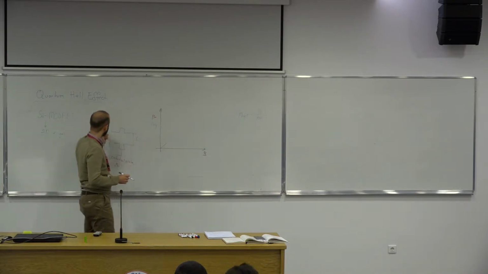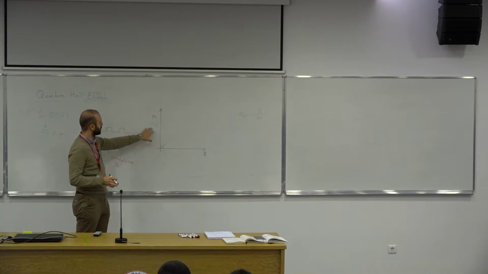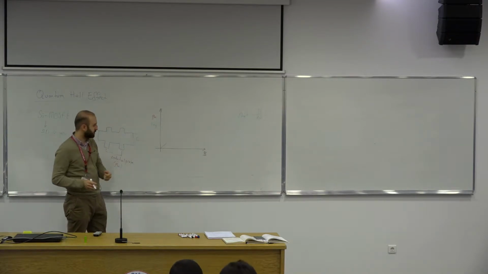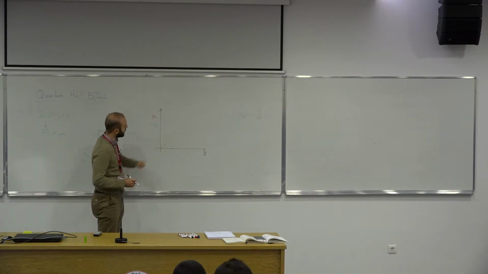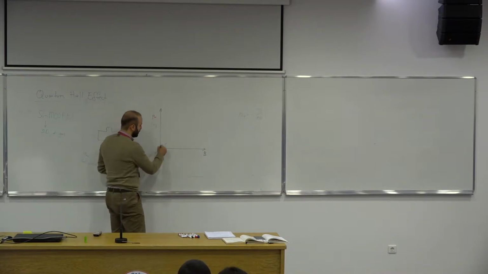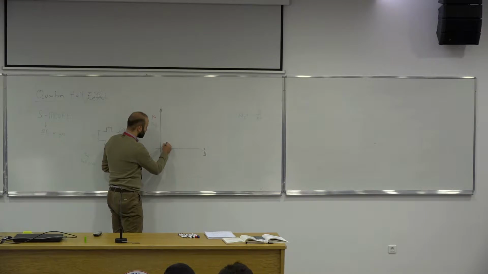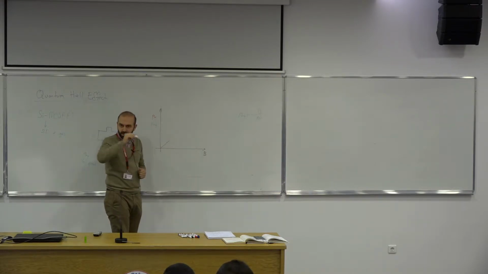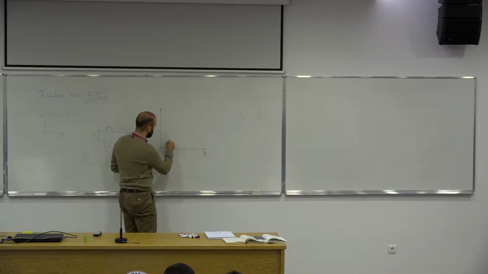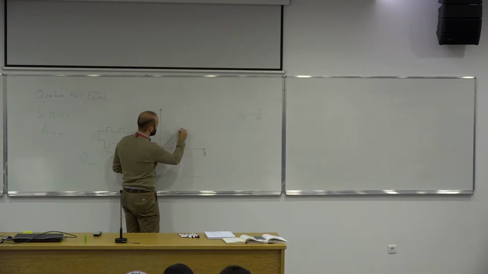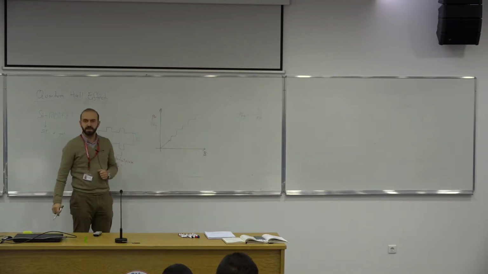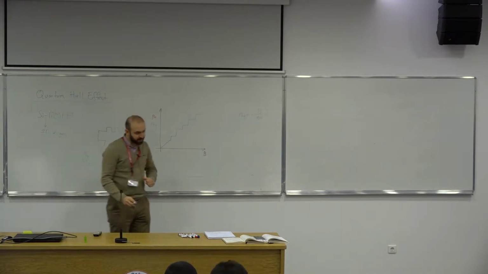But since we are talking about a sheet resistance, it's more customary to use rho rather than R as a symbol. So as we increase the magnetic field, we see a linear increase, and then we start seeing some small steps forming. So it starts forming these wiggles, and then at sufficiently large magnetic fields, we start observing such steps.